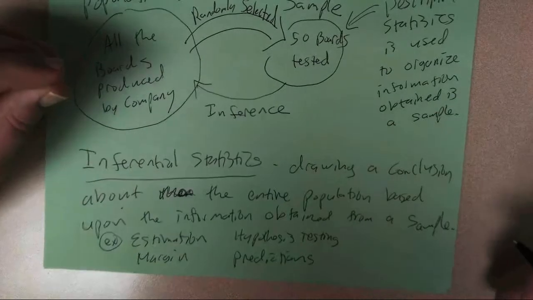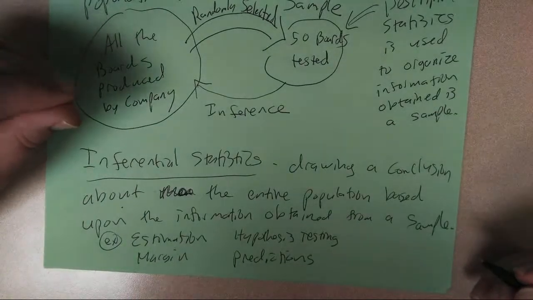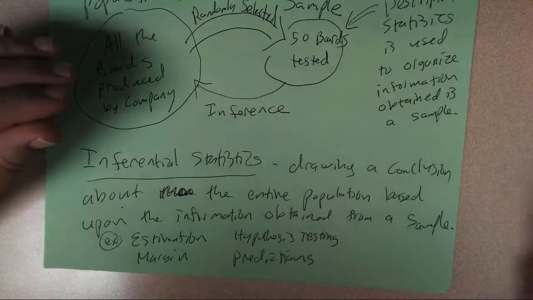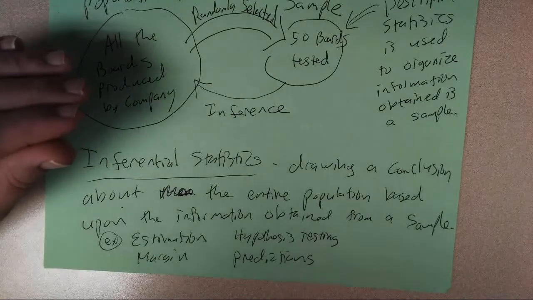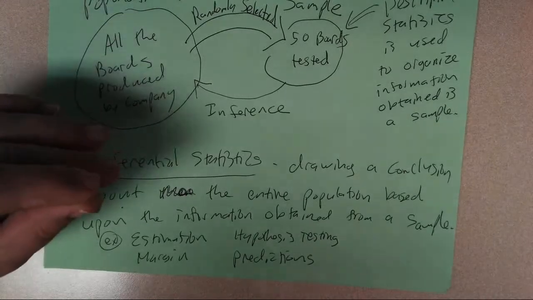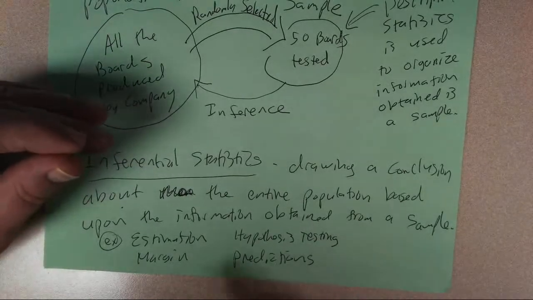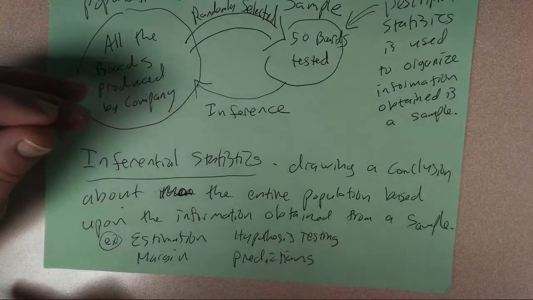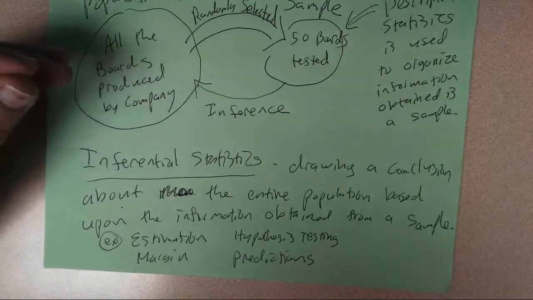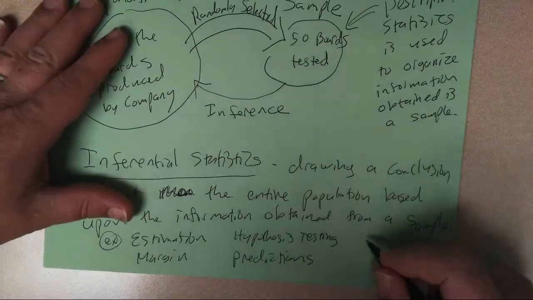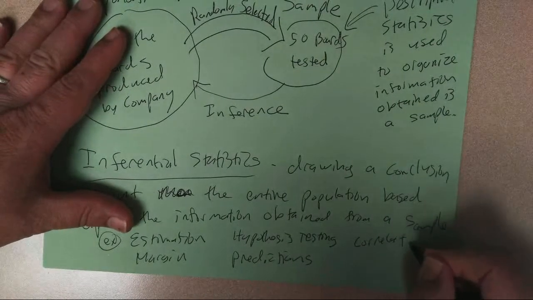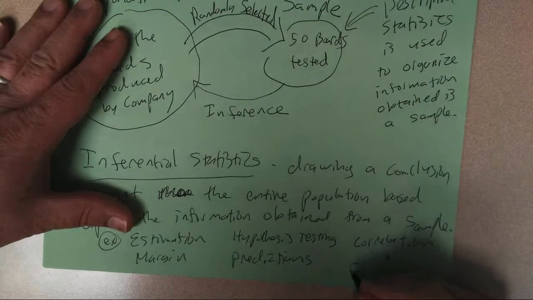And you might also predict what the population is going to be, or what inflation is going to do. In that case, you're using observations of the past as your sample to predict, or infer, what's going to happen in the future. And there are also studies like correlation and experimental studies.